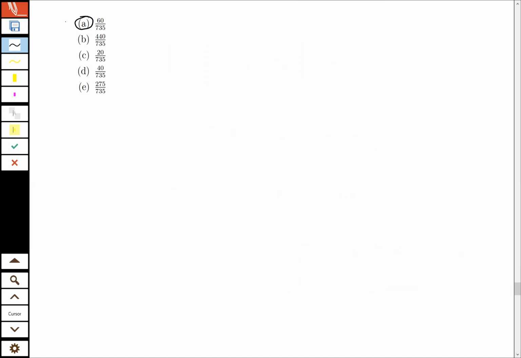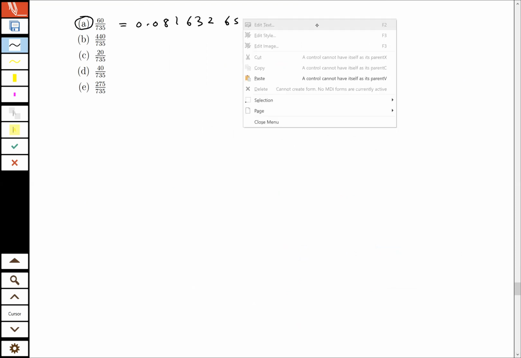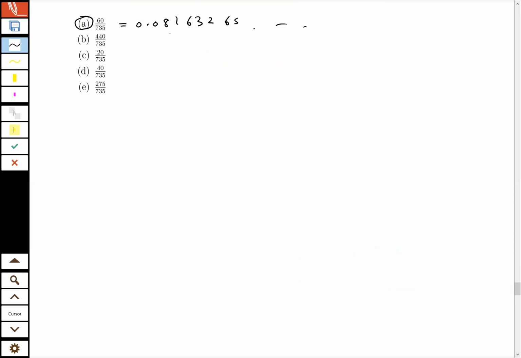If he gives you a decimal, 60 by 735, you will get 0.081665 and so on. Of course, he might give it to you in 3 digits. If it is in 3 digits, it will be 0.08. We look here at 6, we say that's 2, if it is written in decimal.